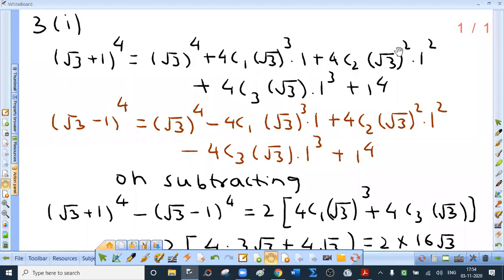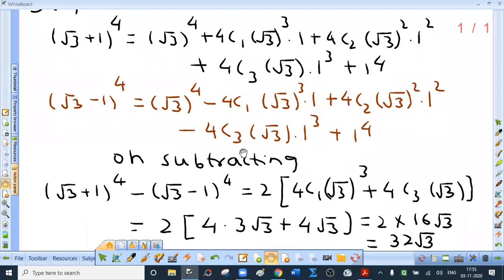Third sum, find the value of (root 3 plus 1) raised to 4 minus (root 3 minus 1) raised to 4. See, there are 5 terms in the expansion of each. Now do not simplify this after writing this part. Why? Because if you subtract one from the other, 3 terms get cancelled.